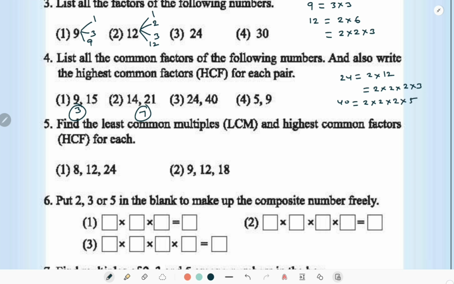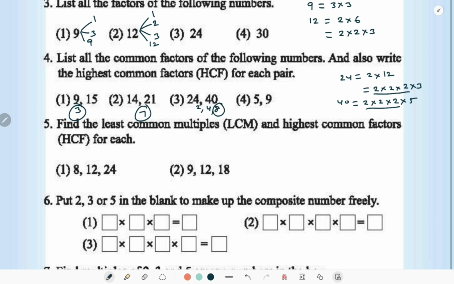Okay, so what are all the common factors? First one is 2, next one is 4, and then 8. See, all these three, okay, are there in both 24 and 40, right? 2 into 2 into 2. So 2, 4, 8 are the common factors. Highest common factor is 8.